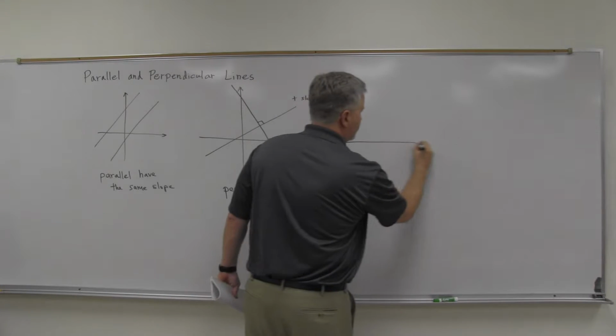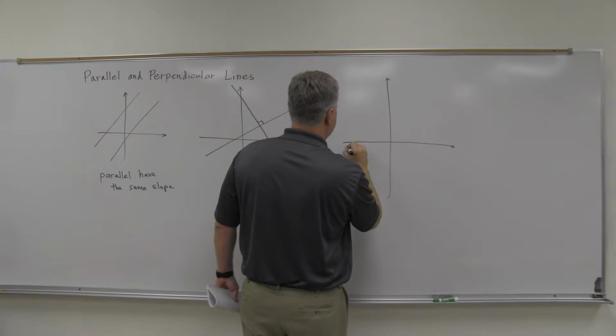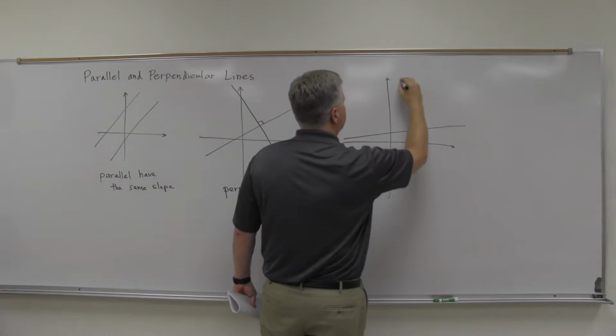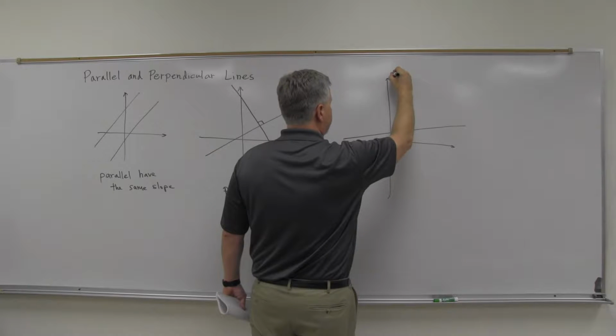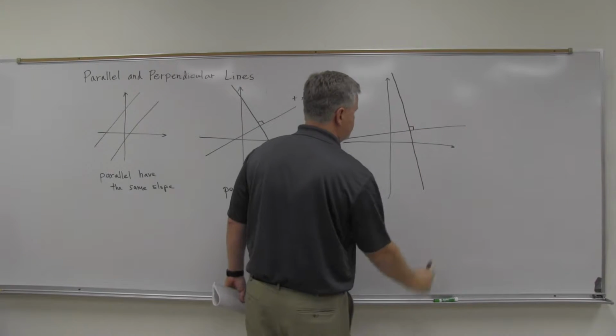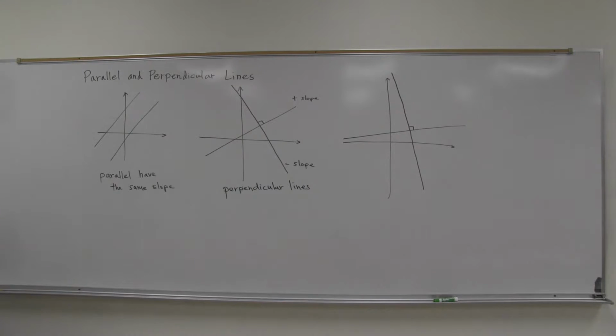Let me make another pair of perpendicular lines just to make it a little more obvious. All right, let me make this one here. And one coming here, obviously, is going to be another set, to make it a little more dramatic.